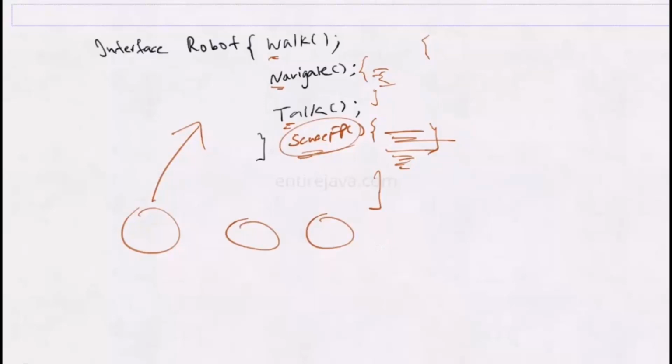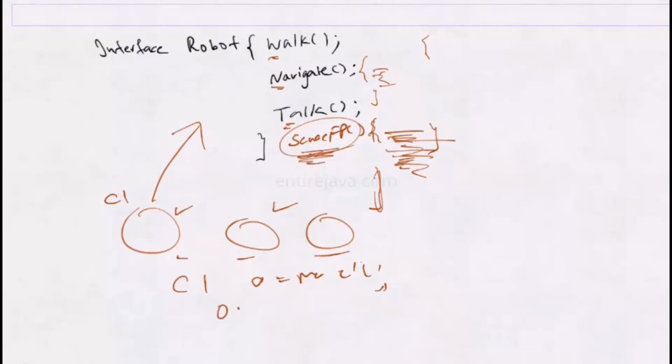Let's assume so. Now all the people who are implementing my interface don't have to provide implementation for this method because I have already given the default behavior. I'm using the technology. But in case these guys decide to provide implementation, they can always override the behavior of this method. So when we create an object of one of these classes, let's call this class C1, C1 object equals new C1, and so on.